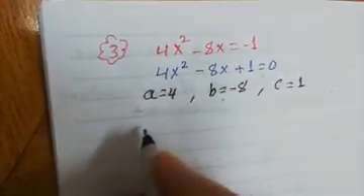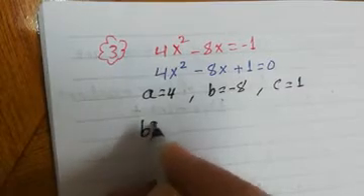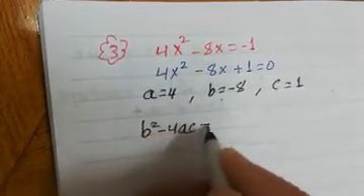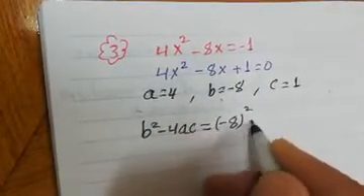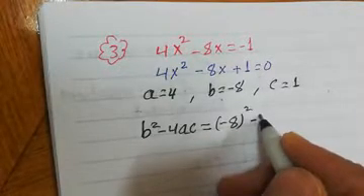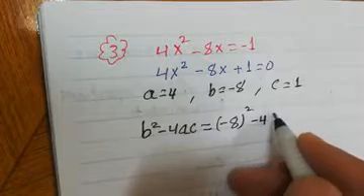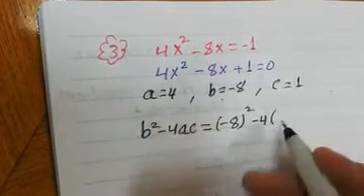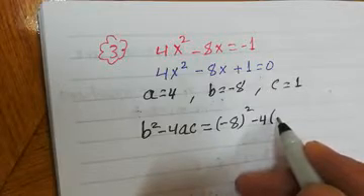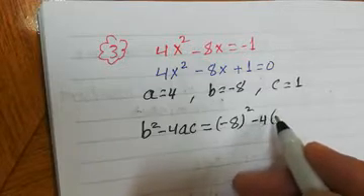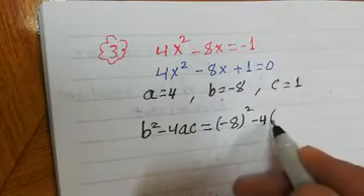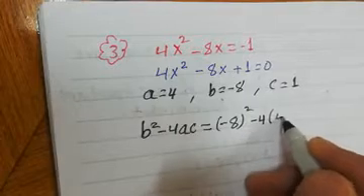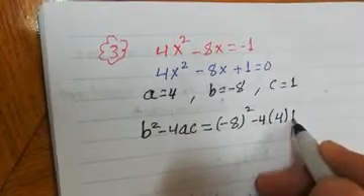Now apply the discriminant formula, which is b squared minus 4ac, equals b squared, it's -8, you can find it directly, squared, minus 4 multiplied by a, which is 4, multiplied by 1.